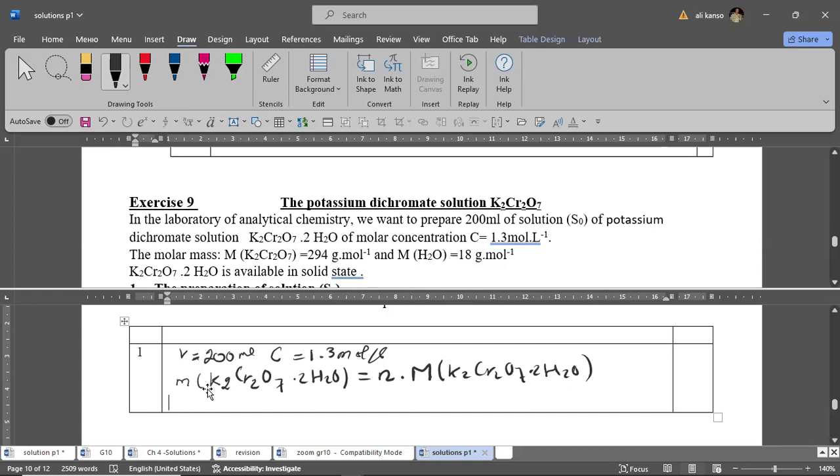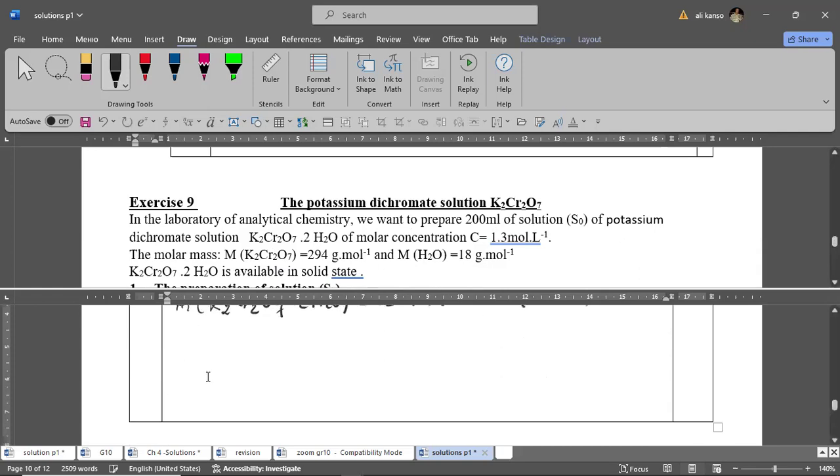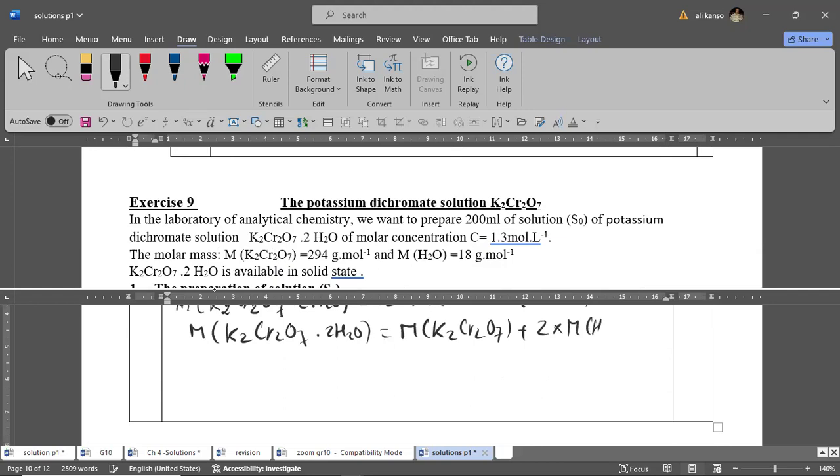So first we can find the molar mass of K2Cr2O7.2H2O by adding the molar mass of K2Cr2O7 plus 2 times the molar mass of water. The molar mass of K2Cr2O7 is 294 and the molar mass of water is 18.